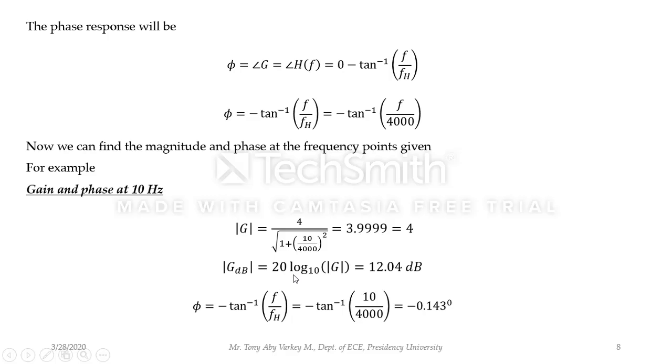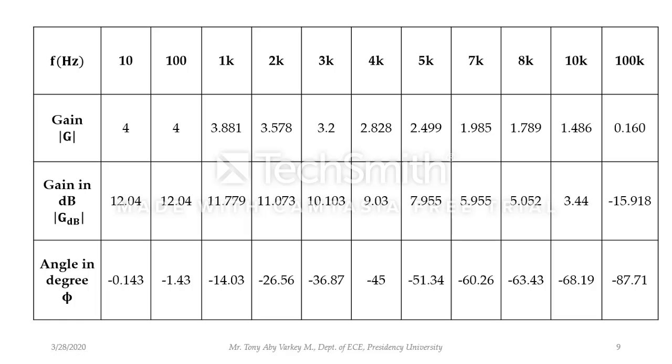So gain in dB will be 20 times log of gain, which is 12.04 dB. Now phase will be minus tan inverse F by 4000, which is 10 by 4000, so it is minus 0.143 degree. Similarly we will calculate for all the frequencies like 10, 100, 1k, 2k.